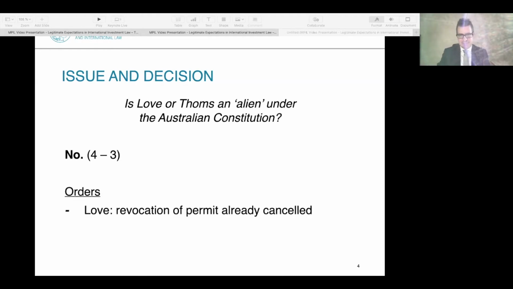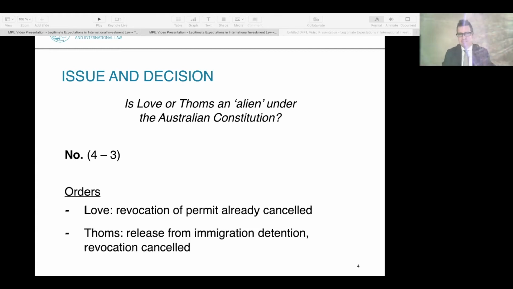The orders were: Mr. Love already had his residence permit revoked, so the benefit of this decision doesn't quite have the same meaning compared to Mr. Thoms.